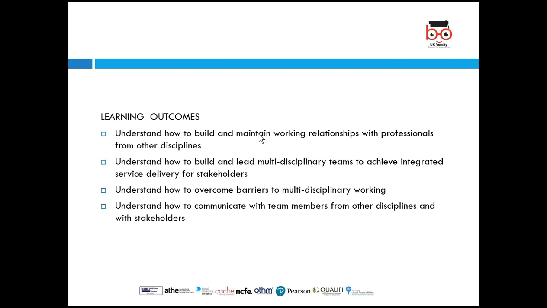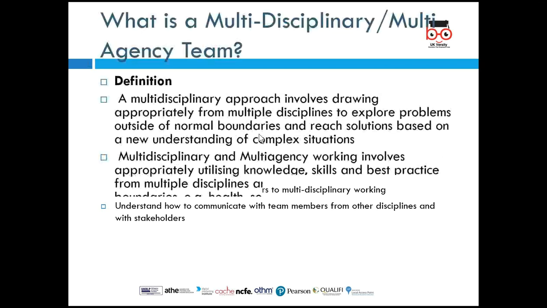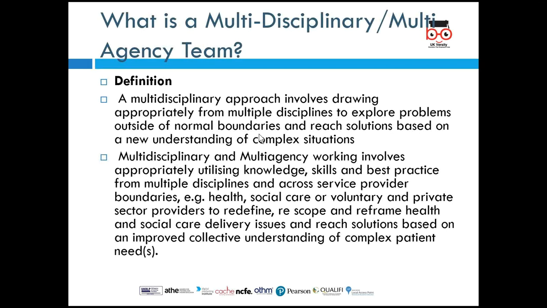The second learning outcome will be to understand how to build and lead multidisciplinary teams in order to achieve integrated service delivery for all stakeholders. And then the next learning outcome will be to understand how to overcome barriers to multidisciplinary work. And lastly, to understand how to communicate with team members from other disciplines and with stakeholders.